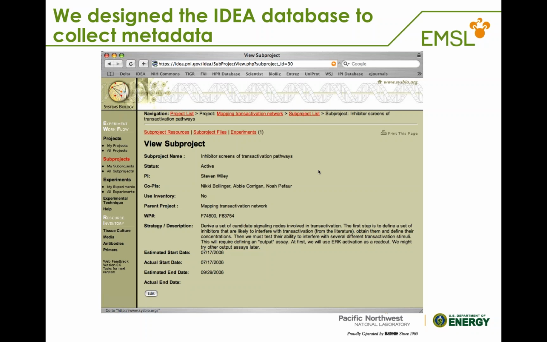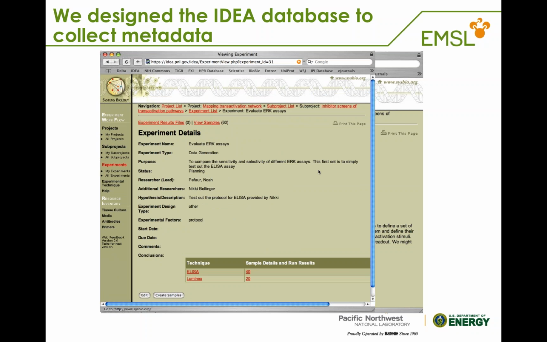This was actually very similar to the ISA-Tab format that's being very commonly used, but it actually made sense. And the idea was to be able to collect all this information in one place so that you could store your experiment. And we did sub-projects, and then we did experimental details and such.